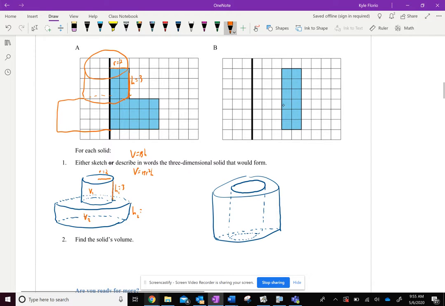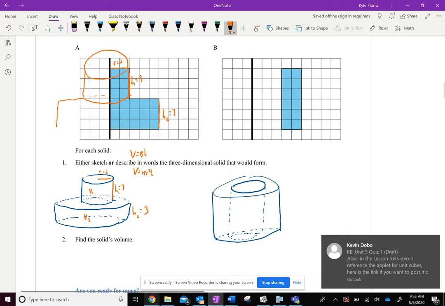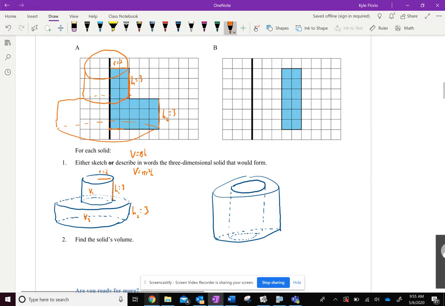This height is going to be 3 as well. And the radius here, if that's the circle, the radius is this guy right here. I'll call that radius 2. That's 1, 2, 3, 4, 5. That's bigger. So radius 1 is 2, and radius 2, down here, is going to be 5.